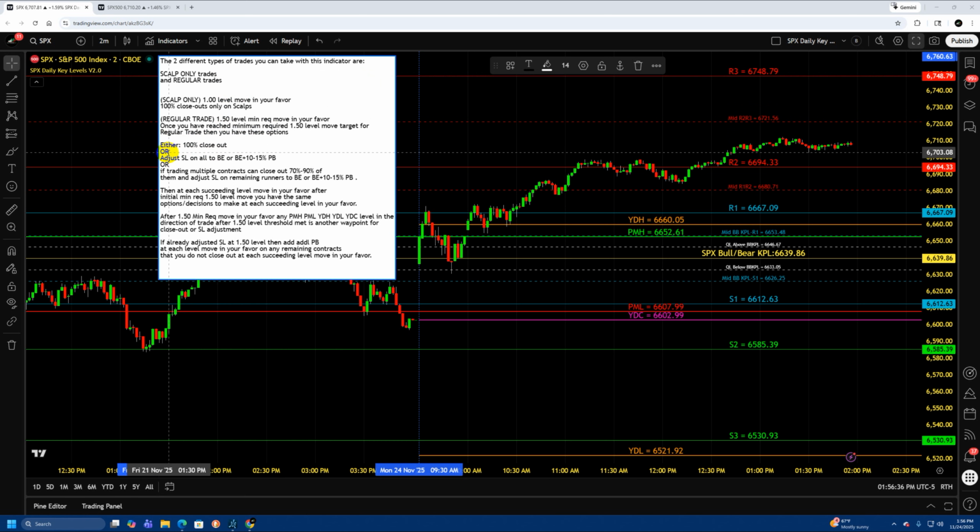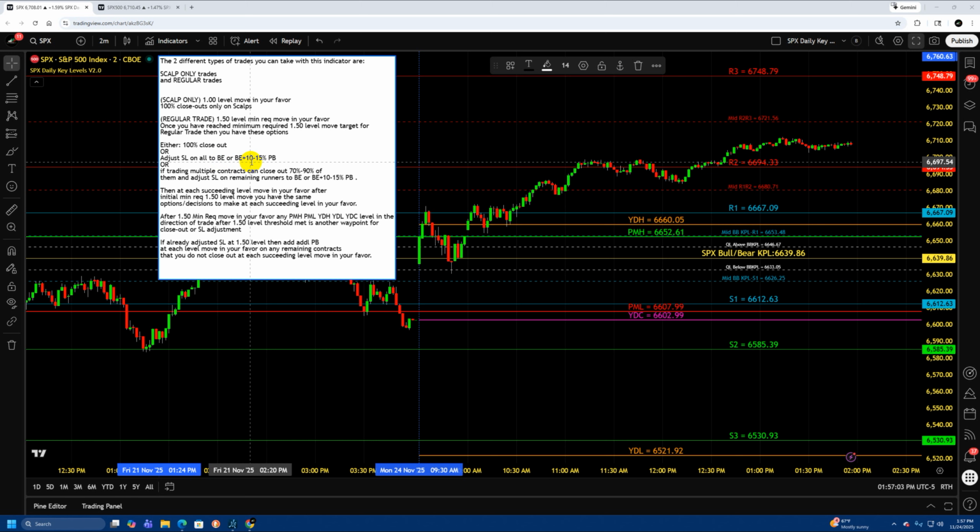Or you can adjust your stop loss on all your contracts to break even. What that means is that you move it to the price that you paid for the option when you entered the trade, or break even plus a 10 to 15% initial profit buffer. So that would be the price of the option that you paid plus 10% more.